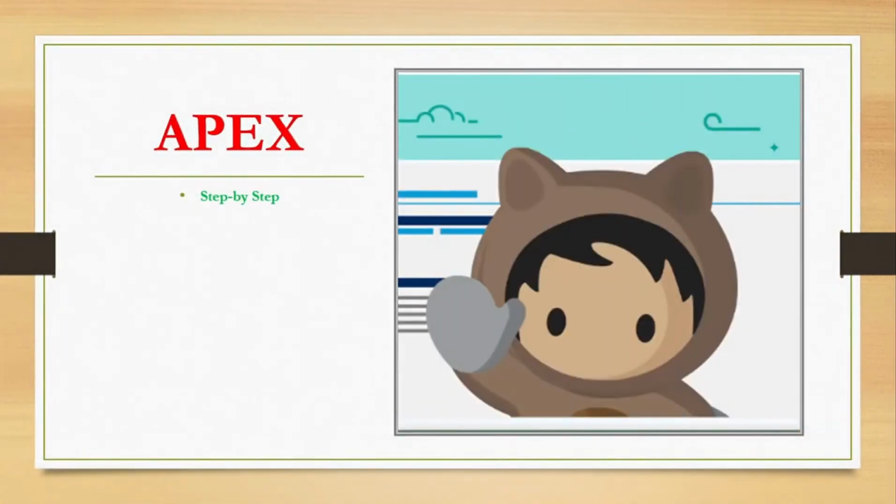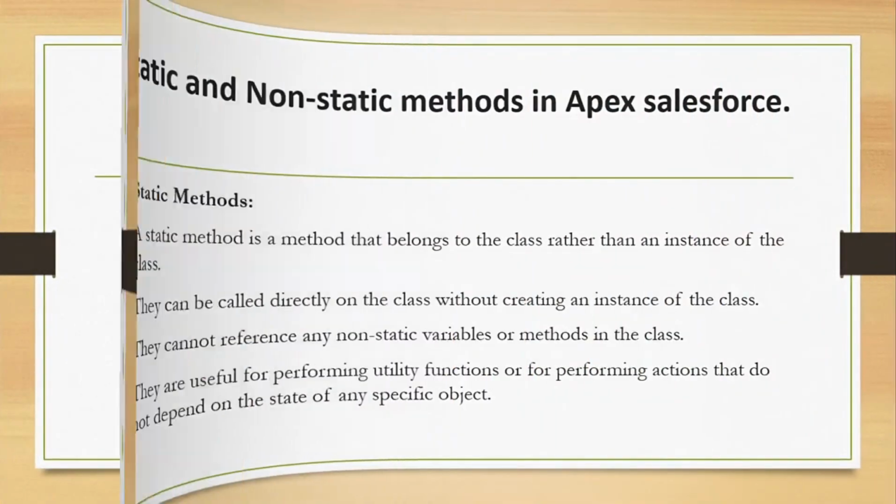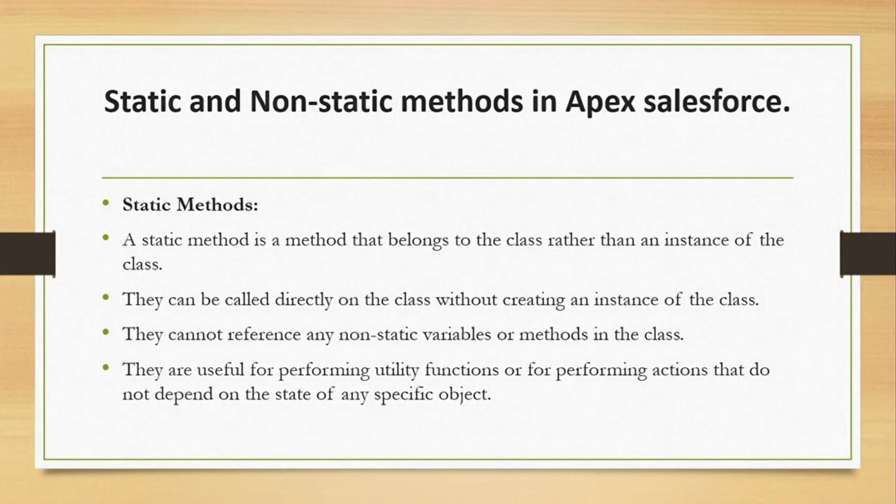So what is Apex in Salesforce? Static and non-static methods in Apex. What is a static method? A static method is a method that belongs to the class rather than an instance of a class. So it can be called directly on the class without creating an instance of the class.